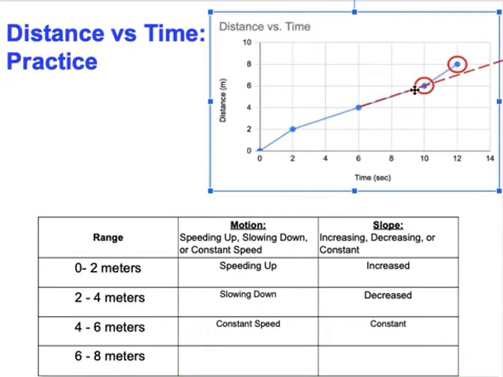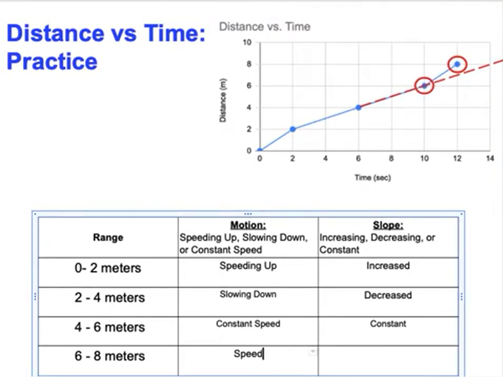It bends upwards again. This line gets more vertical. Well, isn't that exactly what happened at the very beginning? So since this line gets steeper, I know that the object sped up, and my slope increased because the slope is now steeper than what it was before.